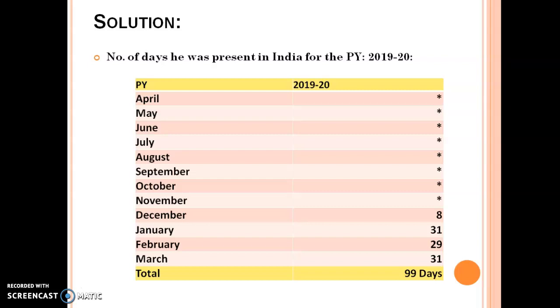So, you can see that he was in India for more than 60 days. So, we have to calculate how many days was he in India in the last 4 years immediately preceding the previous year 2019-20.